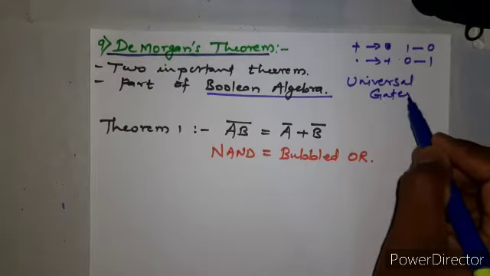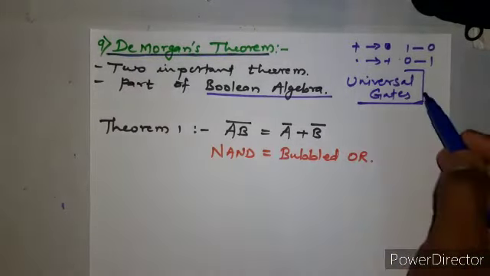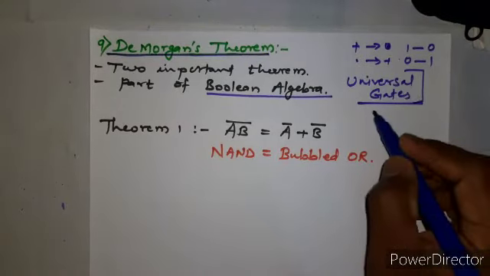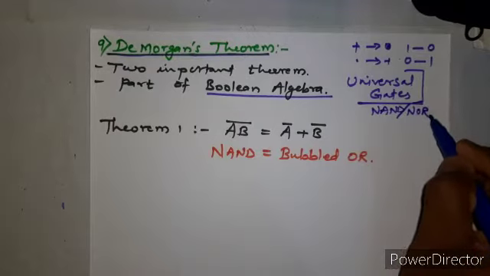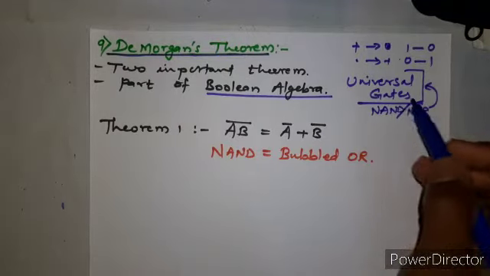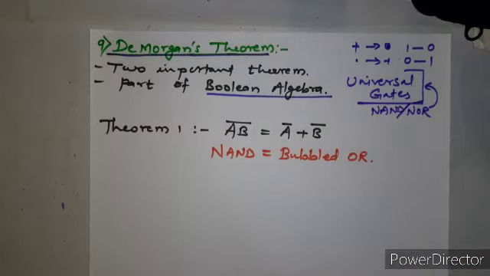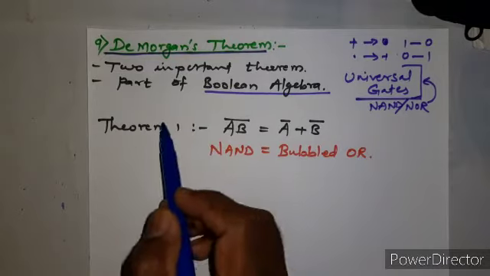With the help of De Morgan's theorem, we can verify NAND and NOR as universal gates. We'll see this in the next video lectures.